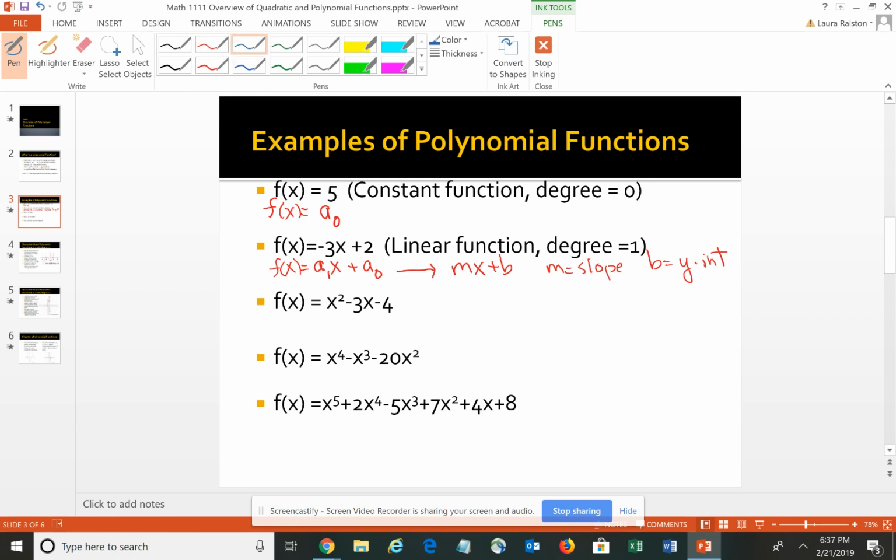Then the third example there, you have f of x equals x squared minus 3x minus 4. And again, this would have that notation. You would have a sub 2 x squared, in this case, minus a sub 1 x minus a sub 0.